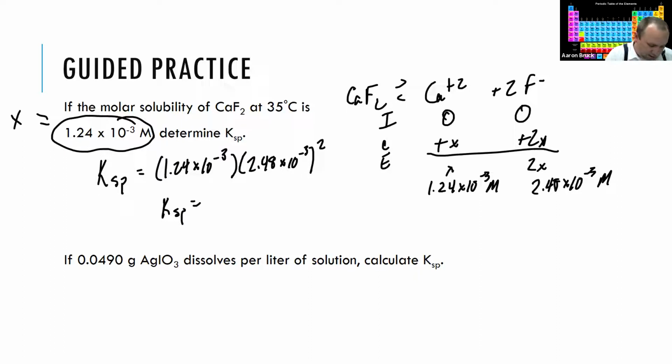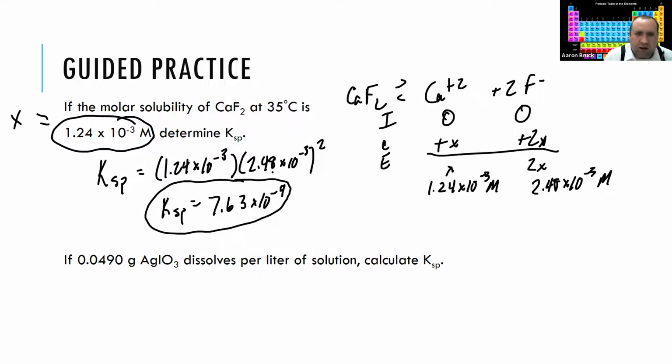Taking those values, to 3 significant figures this time, I get 7.63 times 10 to the negative ninth. That's the value of KSP here.